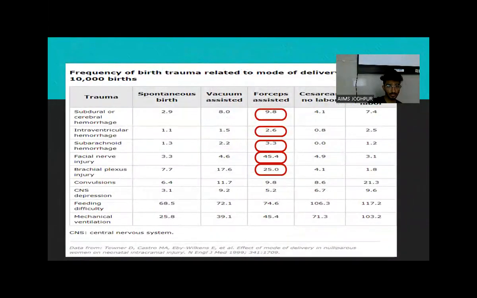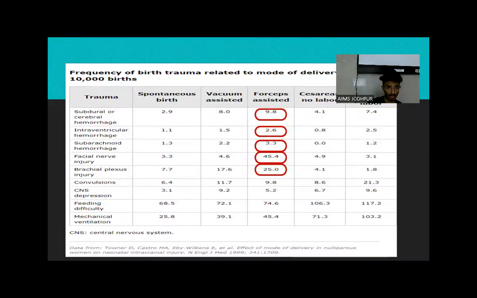If we see the frequency of birth trauma related to the mode of delivery, forceps delivery is one of the major factors which can cause birth injuries, mainly intracranial or extracranial hemorrhages, facial nerve injury, and also brachial plexus injury.